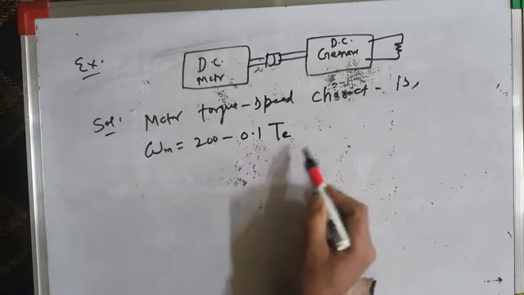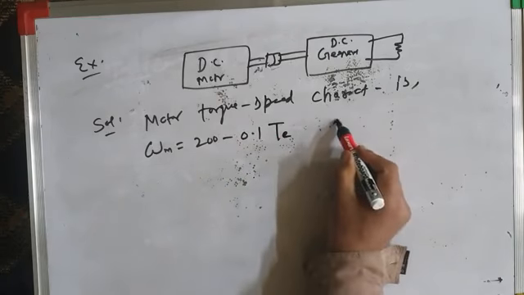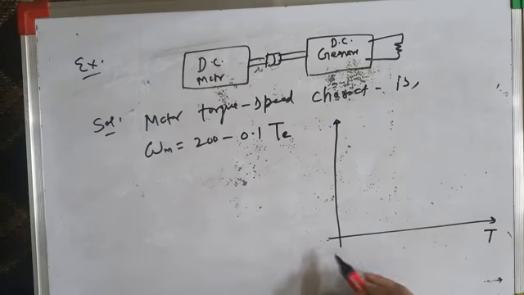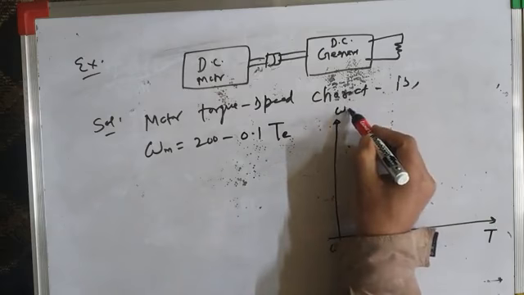So if you plot this, you will get the torque speed characteristic. Let's try to plot it. This will give the torque speed characteristic of the motor. This is torque and this is speed.